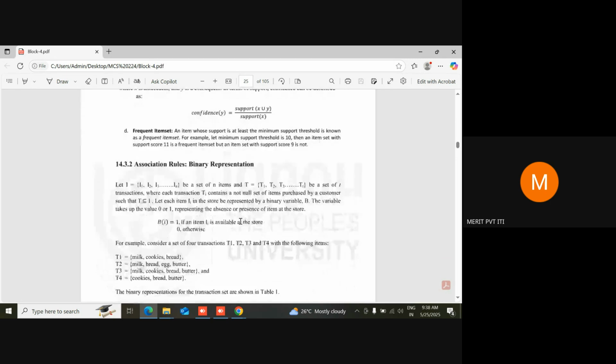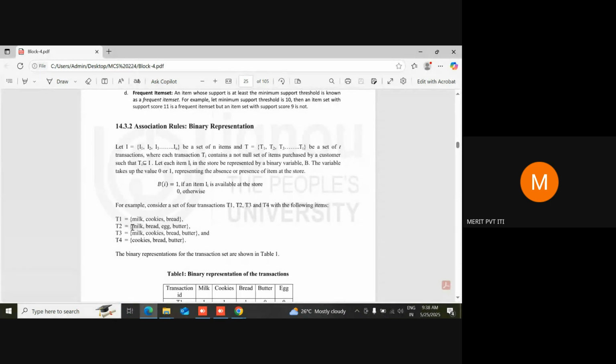Association rule and binary representation: again you have I and T. I is a set of items, T is the set of transactions, where each transaction T contains a non-null set and so on. So you can read this. T1 is milk, cookie, bread. T2 is milk, bread, egg, butter. Then milk, cookie, bread, butter, and cookie, bread, butter.